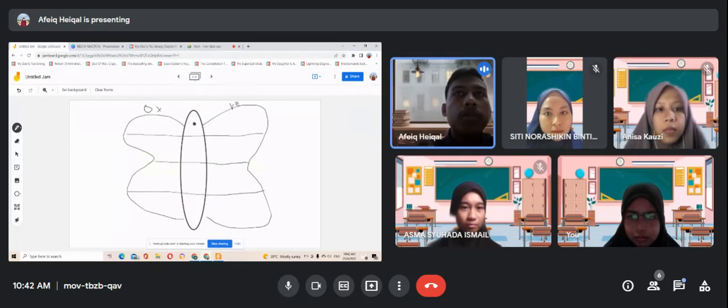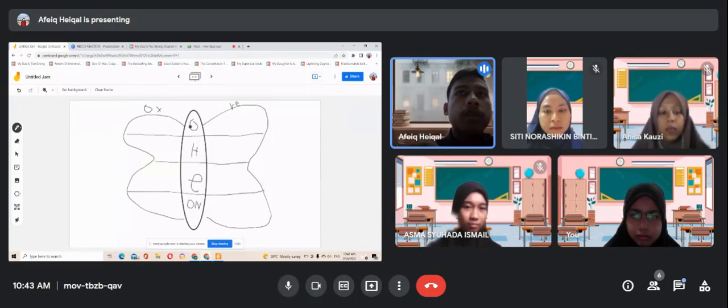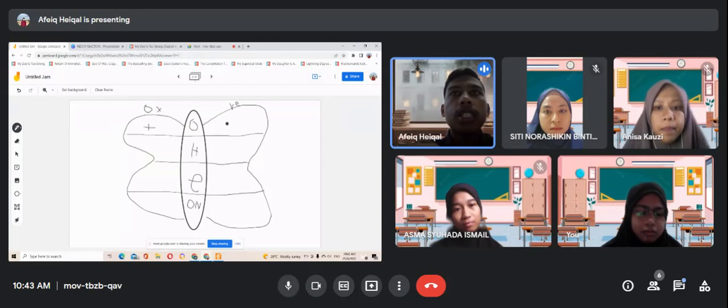The first part you write oxygen, the second part hydrogen, the third part electron, and the last is oxidation number, ON. Oxidation will gain oxygen, so plus, and reduction will lose oxygen, so minus. Oxidation will lose hydrogen, so minus, and reduction will gain hydrogen, so plus.